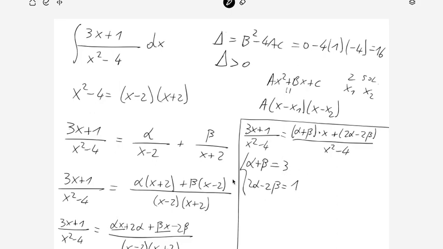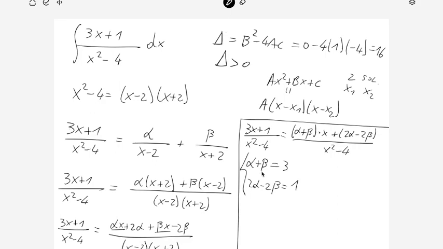If these two equalities hold true, then these two quantities are equal. And this is a system, so we have to solve it. Here the unknowns are alpha and beta and not x and y, but this is a classical system.